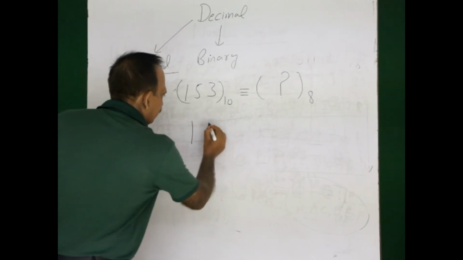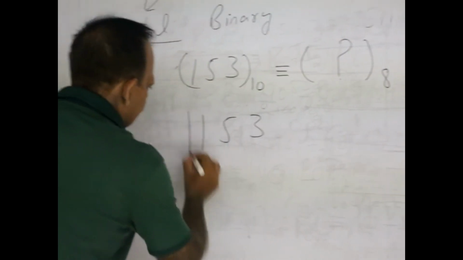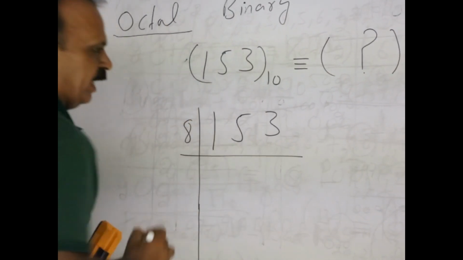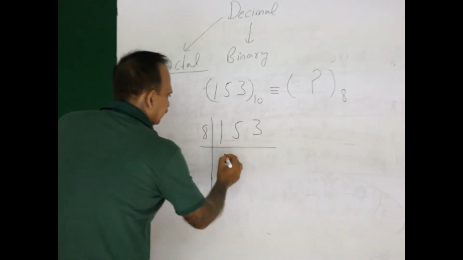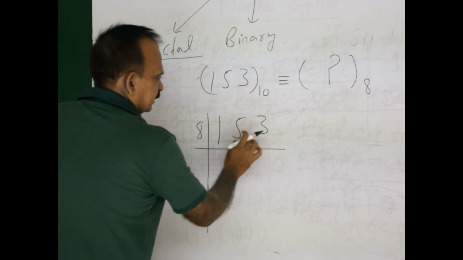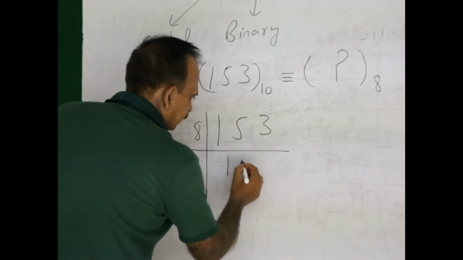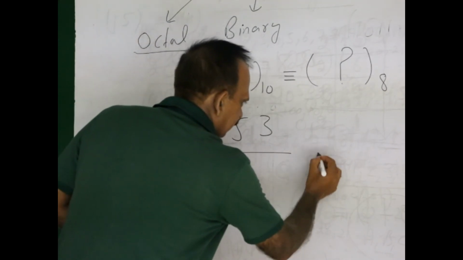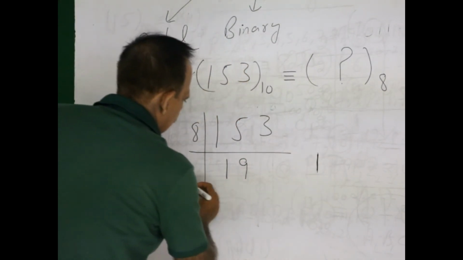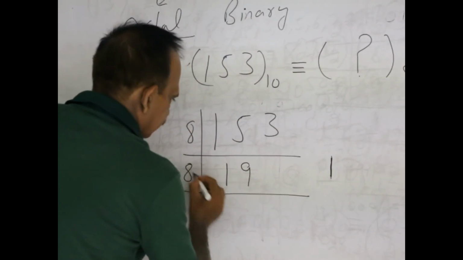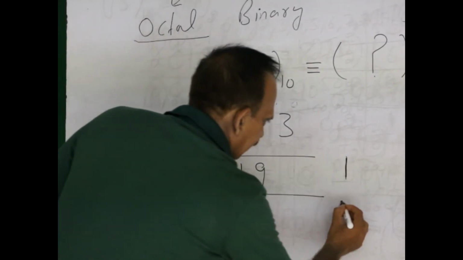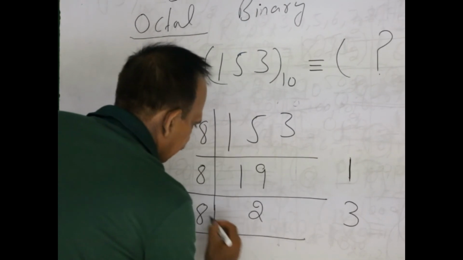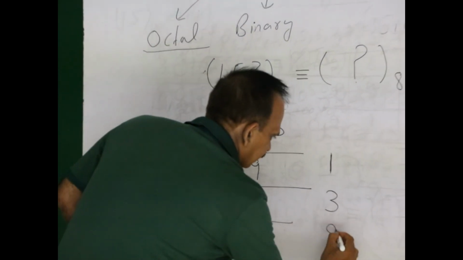The procedure: I divide 153 by 8. 8 nines are 72, and the remainder is 1. I again divide by 8, 8 twos are 16, and the remainder is 3. Again I divide by 8, it will be 0 and the remainder is 2.